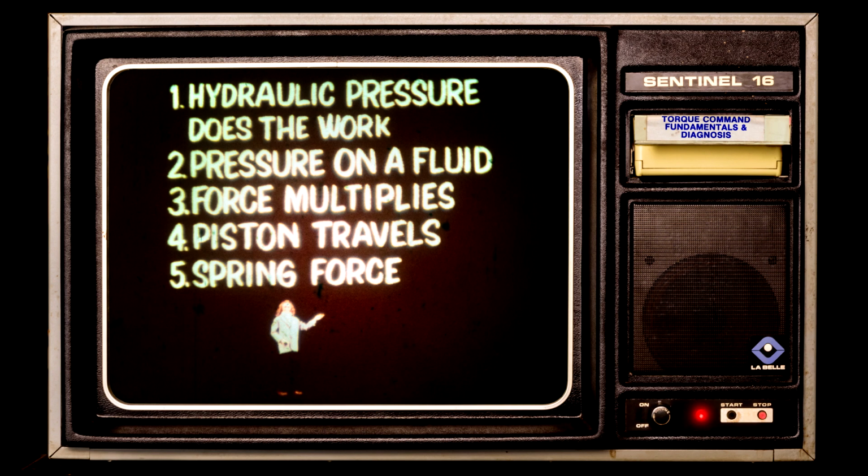Pressure times piston area equals pounds of force, or force multiplication. 4. A small piston must move a much greater distance to displace an equal volume of fluid at a larger piston face, like in a servo piston operation. Fifth and last, spring force is used to precisely control valve operation.